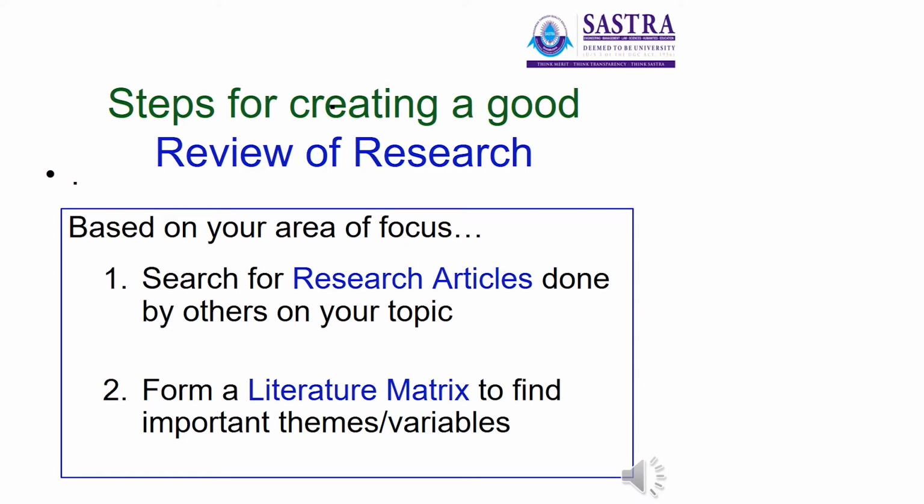Whenever I talk about a literature matrix, I was mentioning variables. A variable is nothing but the specific component which has to be studied in addressing your research problem. Sometimes an accumulation of these variables and dimensions leads to the formation of a construct.